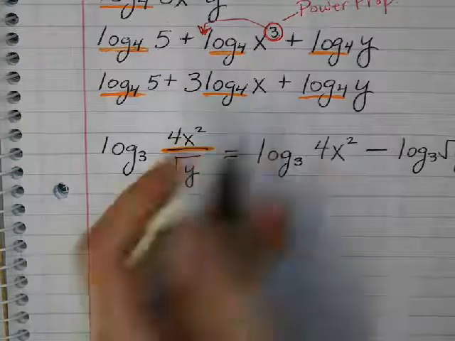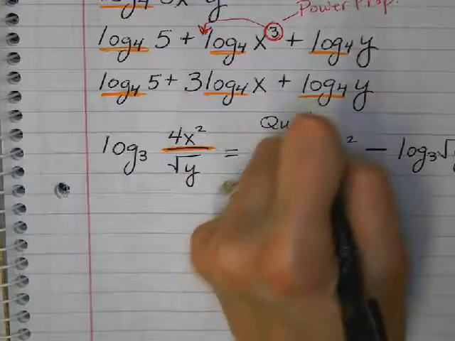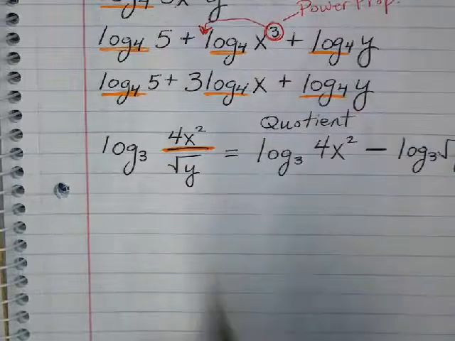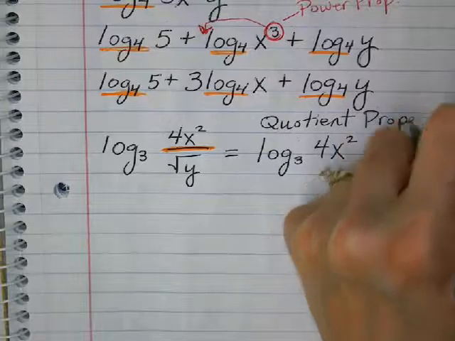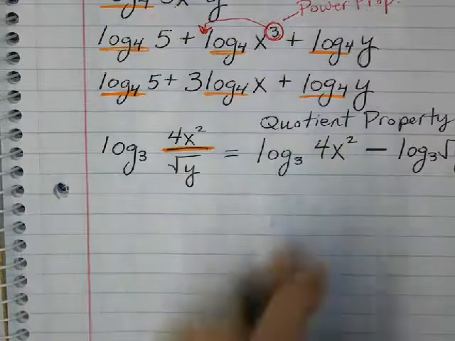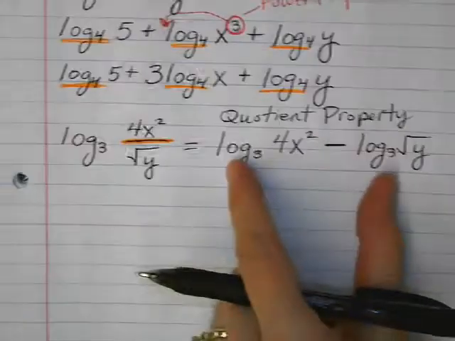So far we did the quotient property. But now we might not be done. There might be more properties involved. We did the quotient property first. That helped with our fraction, broke it into 2 logs that have subtraction.